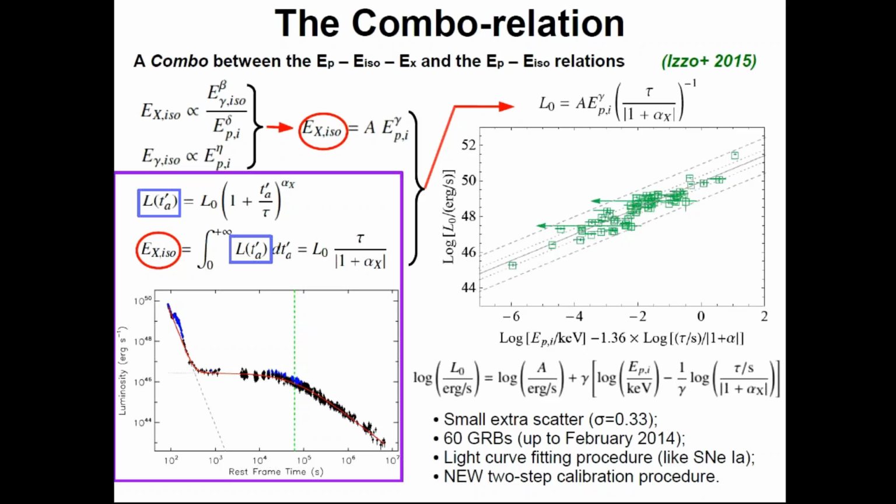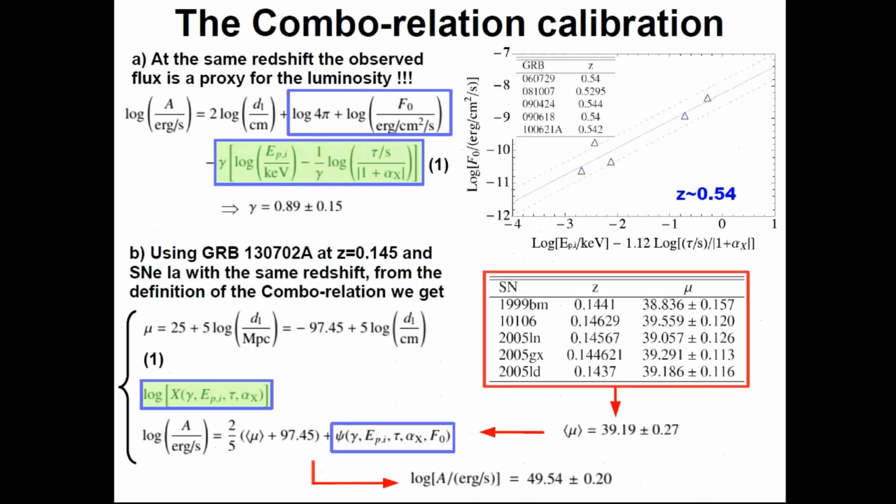This is the advantage: we can calibrate this correlation simply using a subset of sources with the same redshift. Same redshift means that you can take out the luminosity distance dependence because it's the same for sources which have the same redshift.